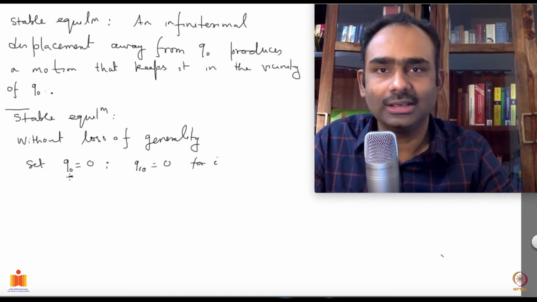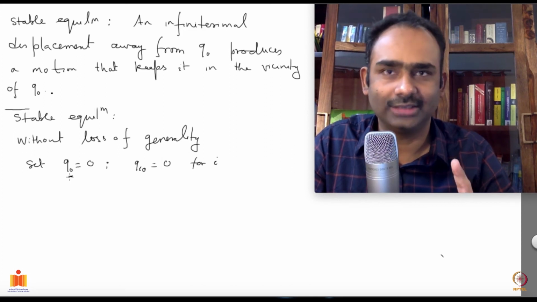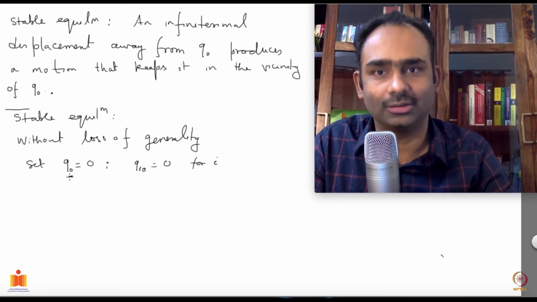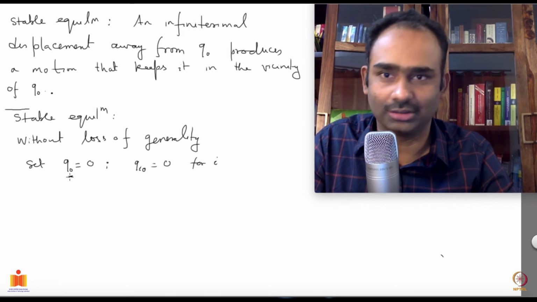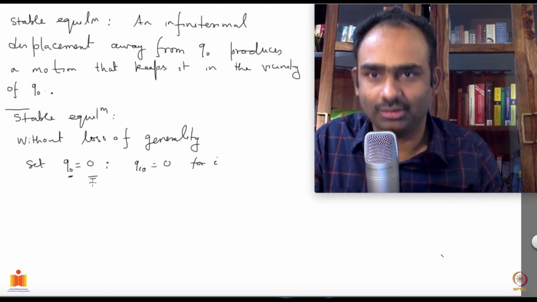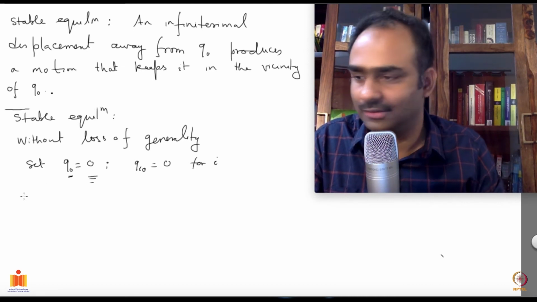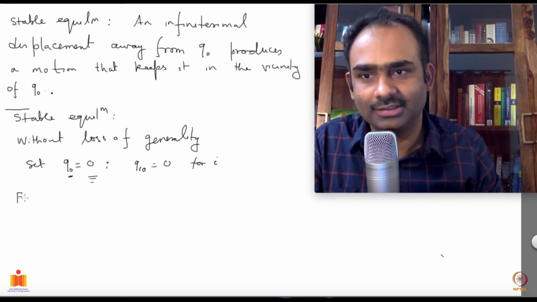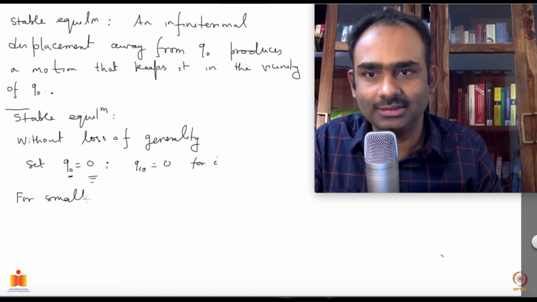And if I'm looking at small displacements, what I can do is take the potential and do a Taylor expansion around this point q naught, which I call the origin now, because I have set that already to 0.